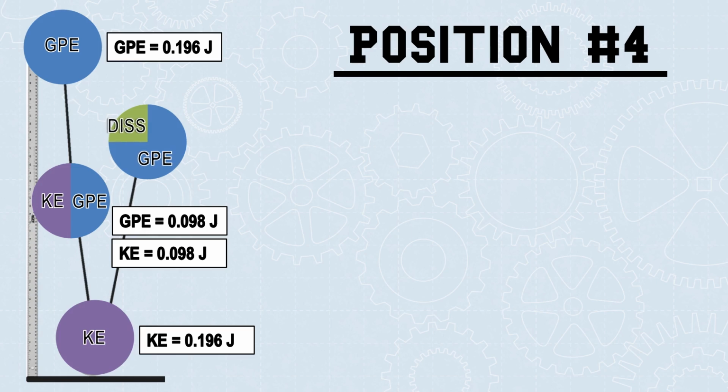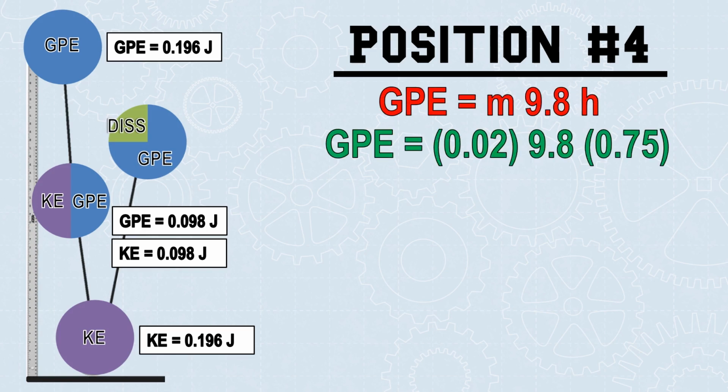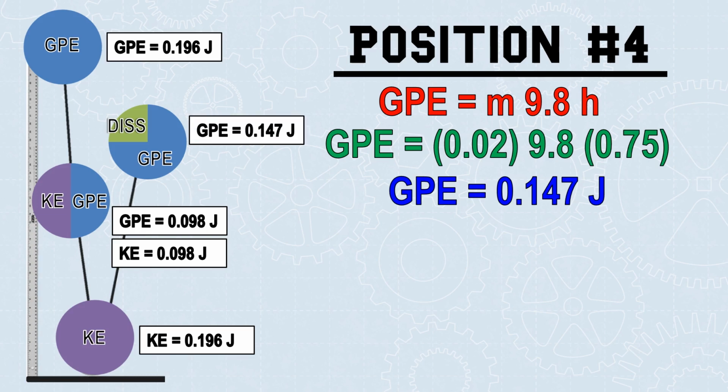We can calculate how much gravitational potential energy exists by using our average rebound height. Using the order of operations and this example data, we find that it's 0.147 joules. To keep the total amount of energy the same, we had 0.147 joules of gravitational potential and 0.049 joules had to have been dissipated. This dissipated energy happened when the ball collided with the ground, and it explains why the ball doesn't bounce as high.